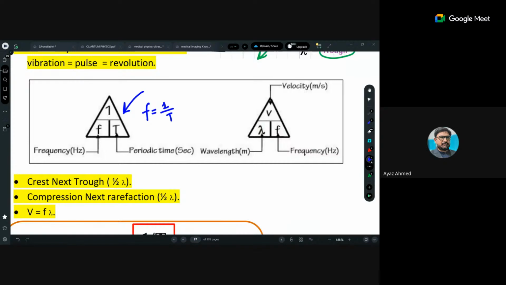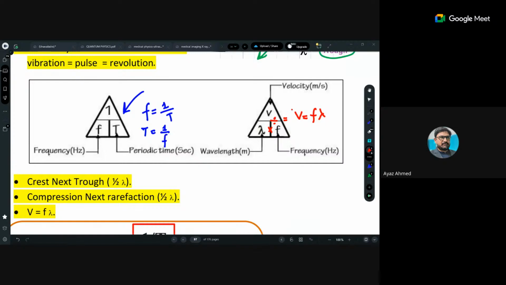It means the inverse of time period is equal to frequency, or if you want the time period, it will be 1 upon frequency. We use this in calculation. And secondly, v equals f lambda is used. If you need v, lambda and f will be multiplied. If you need lambda, v and f will be divided. If you need f, v and lambda will be divided, right?